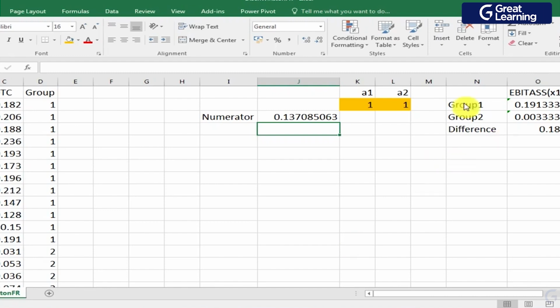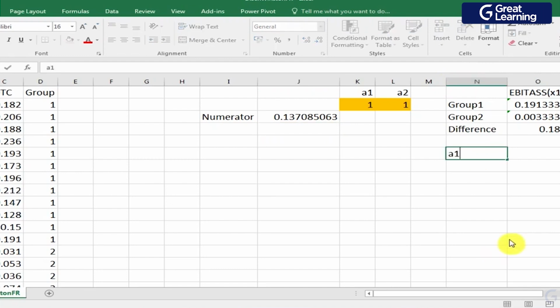Now let me put here, with your permission, A1 square, A2 square, 2A1 A2. Do you have any objection? I am writing it A1 square, A2 square, 2A1 A2.